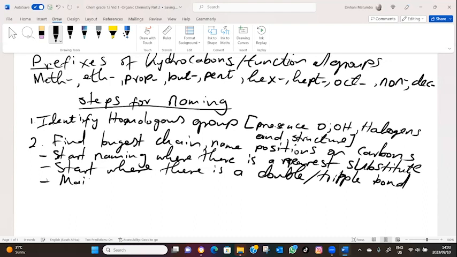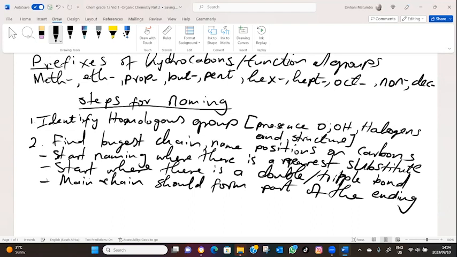The main chain should form part of the ending of your name.